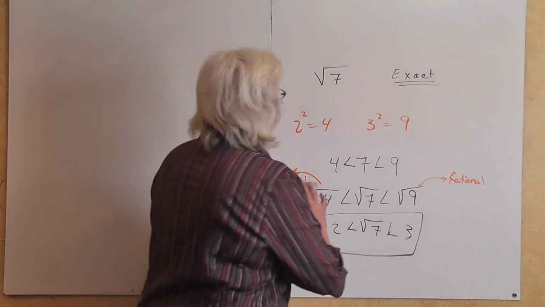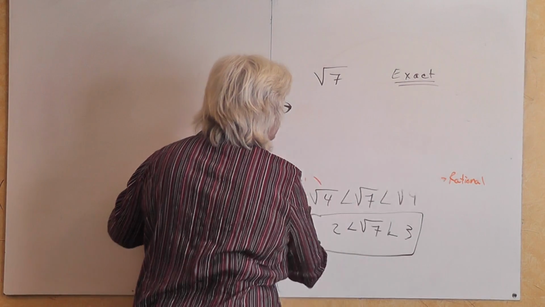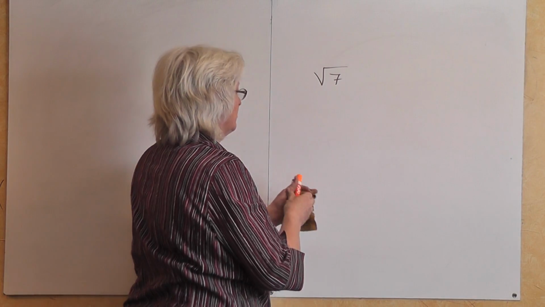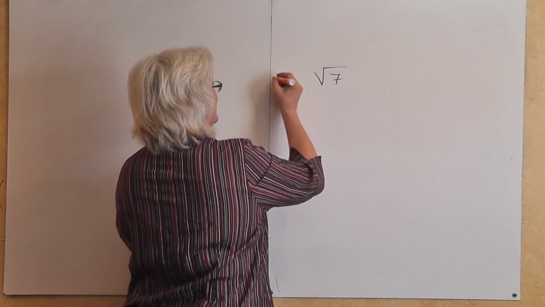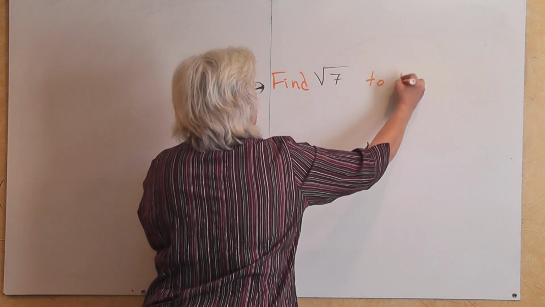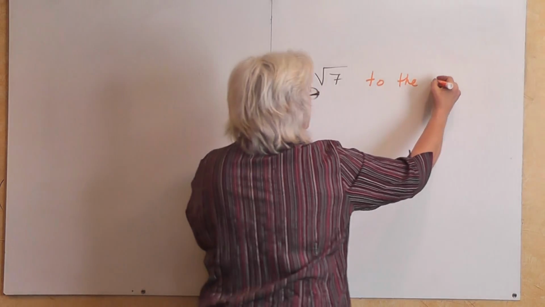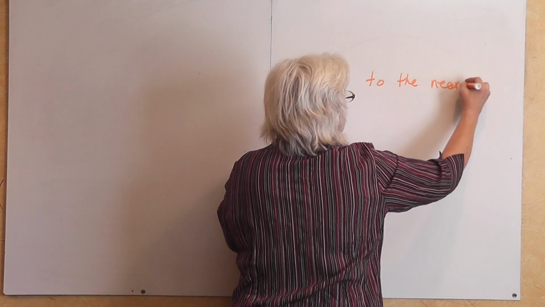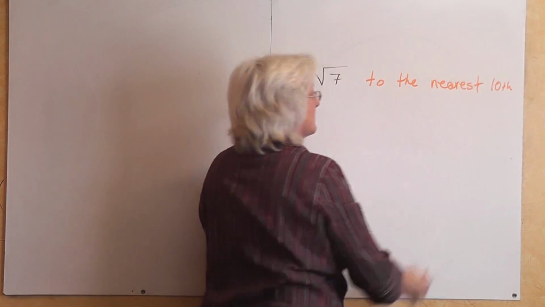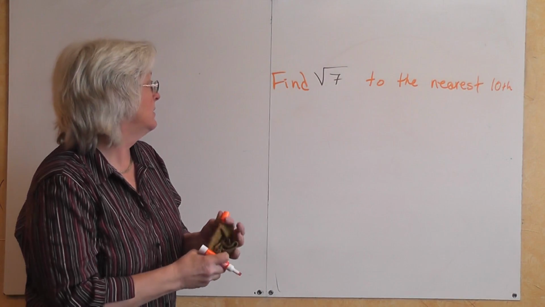Now, however, we could also have a problem that says find the square root of 7 to the nearest tenth. How are we going to do this?